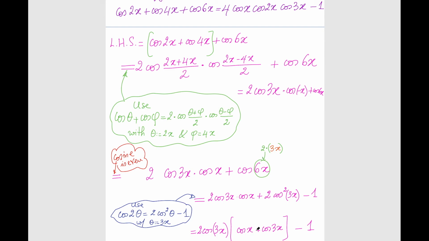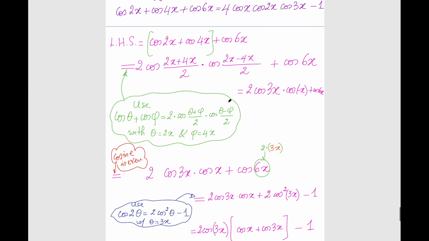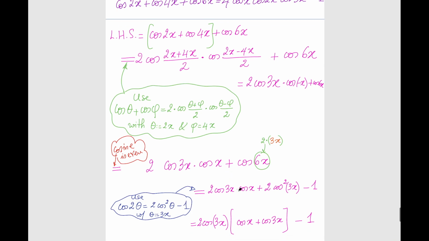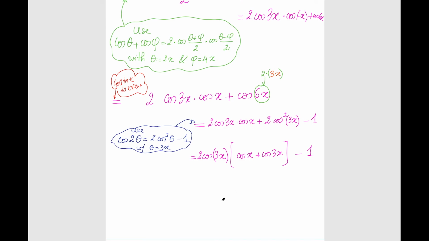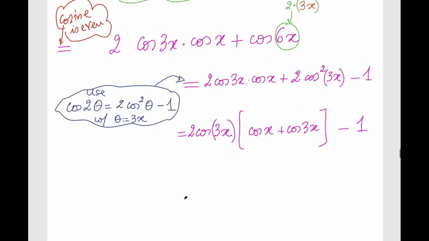Look, this is a sum. Apparently, I'm transitioning to a product. So I'm also going to use one of the sum to product formulas.